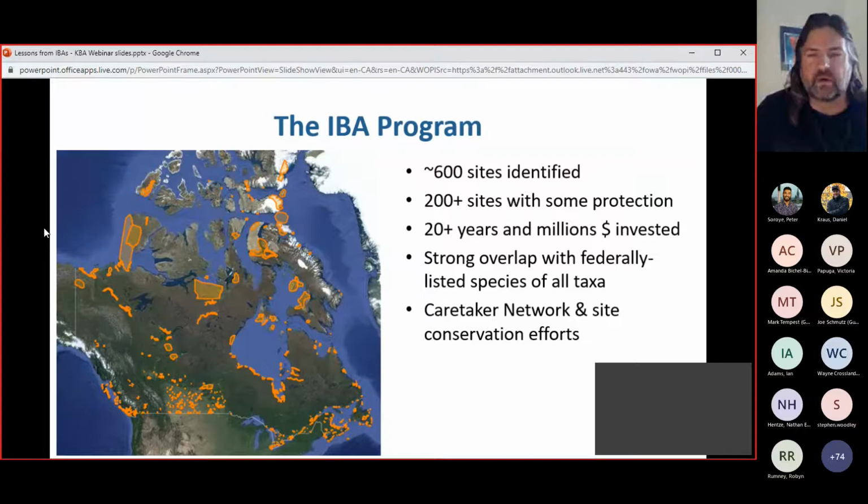We know there's a strong overlap with federally listed species of all taxa, not just birds. Our own analyses have shown that in the last number of years. So it's just a natural stepping stone to look at IBAs as KBAs as well. And of course, the caretaker network, the part that I want to talk more about today, is a fixture of this program.